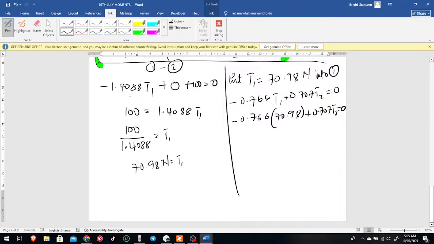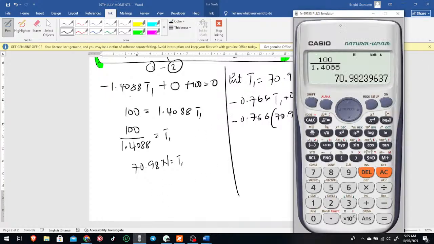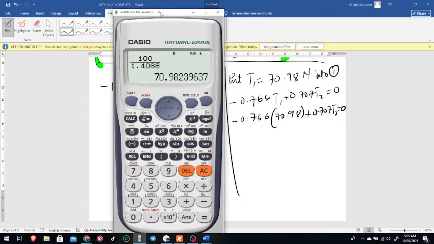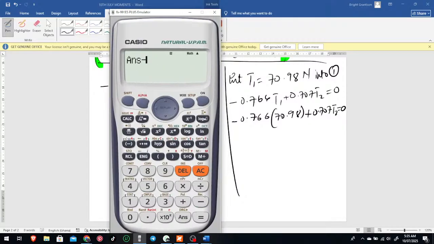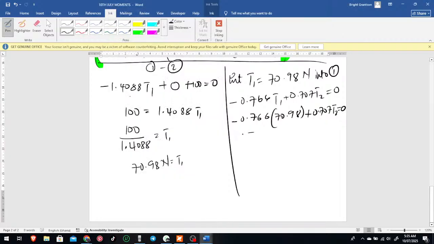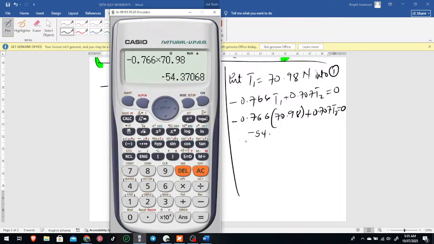When you multiply this and this, what are you getting? Negative 54.3706. Negative 0.766 times 70.98. Negative 54.37.